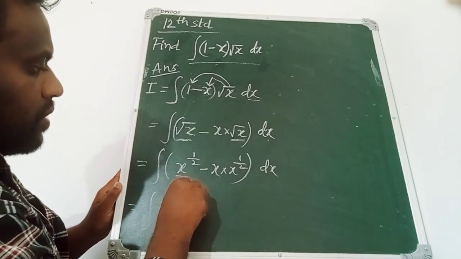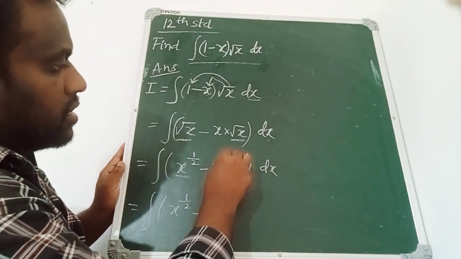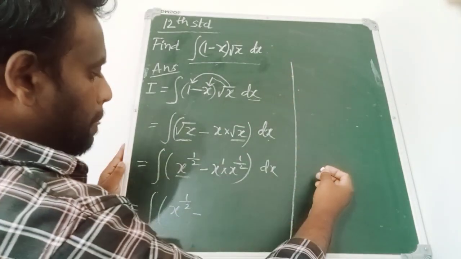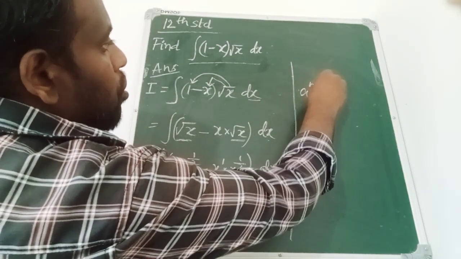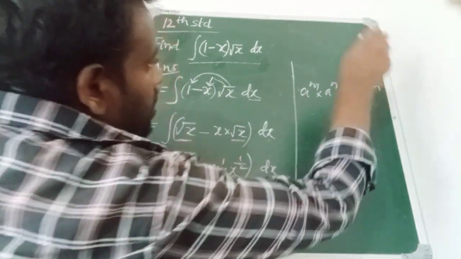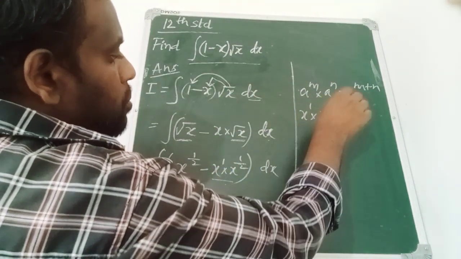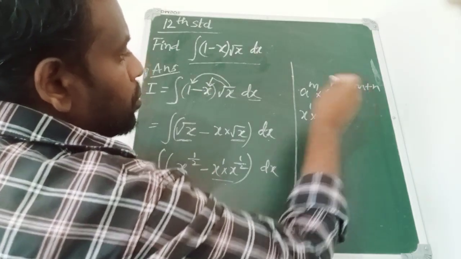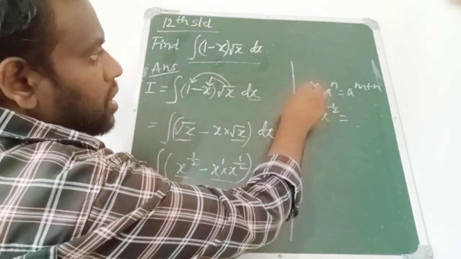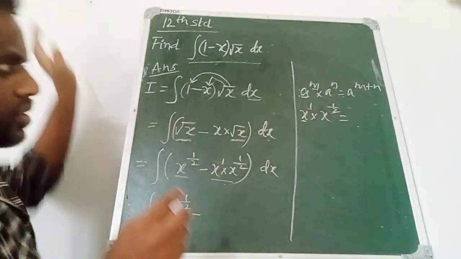Write x to the power of half as is, minus. Here nothing is written, which means 1 is there: x to the power of 1. Now we have a formula: a to the power of m into a to the power of n is equal to a to the power of m plus n. So x to the power of 1 into x to the power of half: in place of a we have x, in place of m we have 1, in place of n we have half.